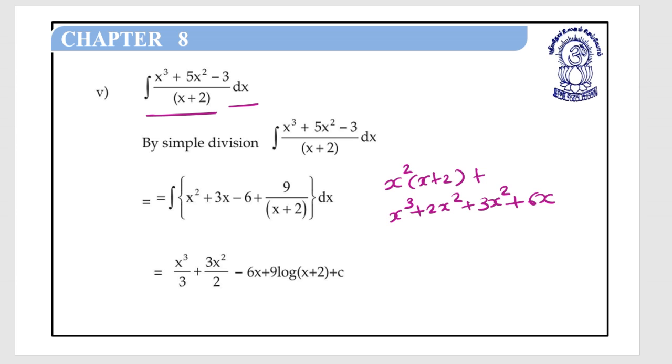So 3x common, x plus 2, 6x. So minus 6 into x plus 2 minus 6x, 6 2s are 12.